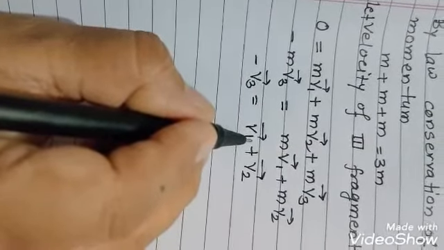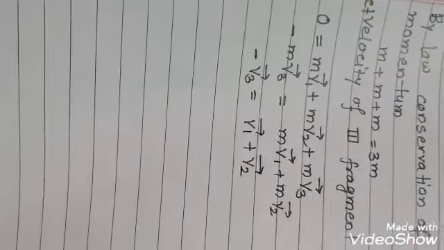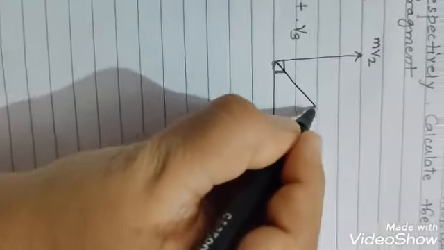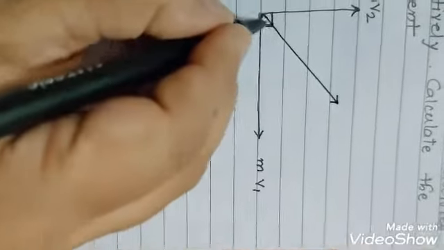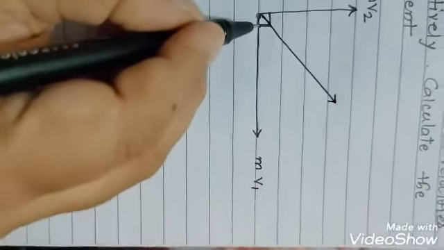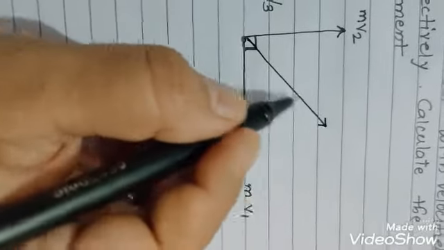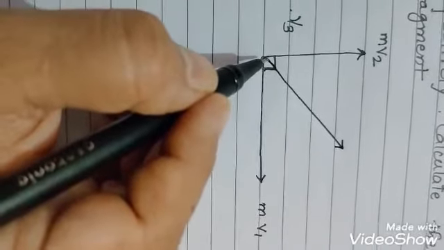According to the law of parallelogram, the resultant of two vectors is given by the diagonal of the parallelogram. If two vectors are represented by two sides of a parallelogram, the diagonal represents their resultant.